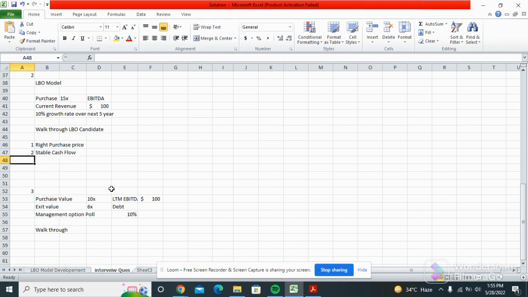So thirdly, for a suitable LBO candidate, we have to make sure that we do not need huge capital expenditure initially.